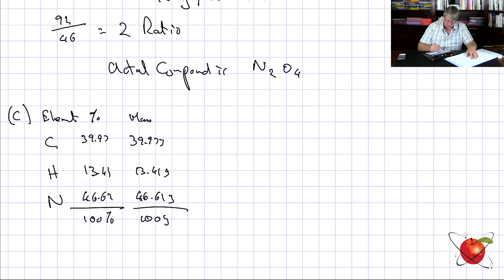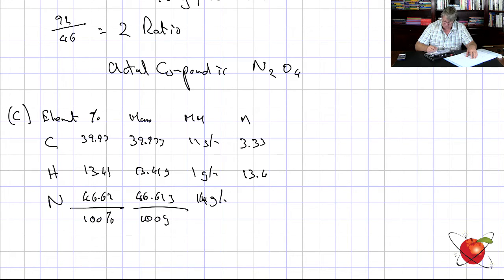Seen this somewhere before? Molar masses 12, 1 and 14 grams per mole. Therefore, number of moles is going to be 3.33, 13.4 and 3.33.